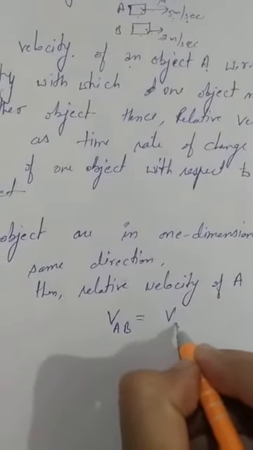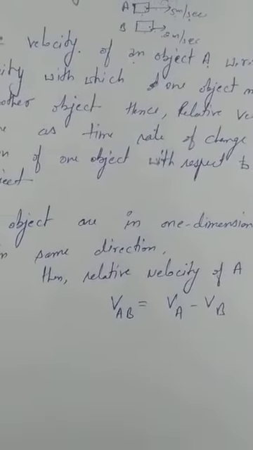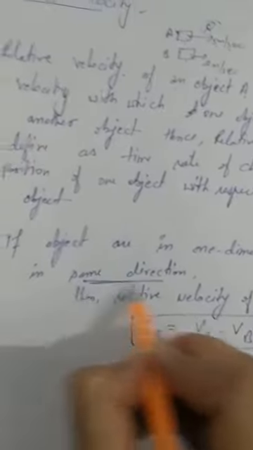Velocity of A minus velocity of B. That will be the relative velocity of an object when they are in the same direction.